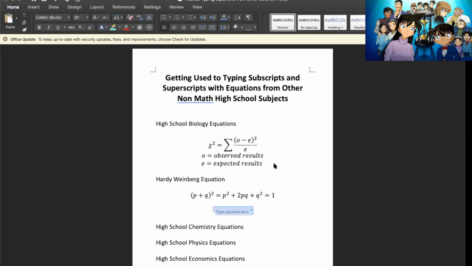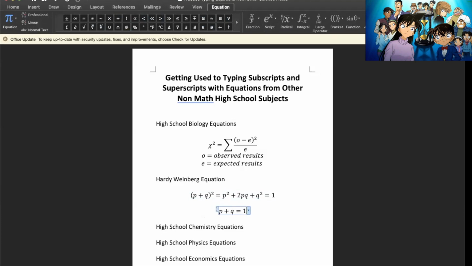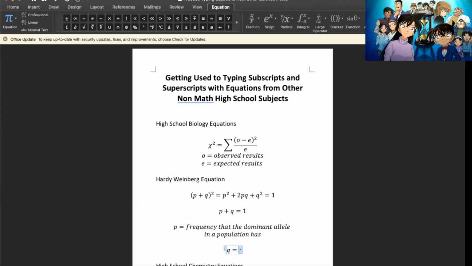Given that P plus Q has to be 1. And what does this mean in genetics? Well, it means that P is the frequency that the dominant allele in the population has. Q equals the frequency of the recessive allele in the population.